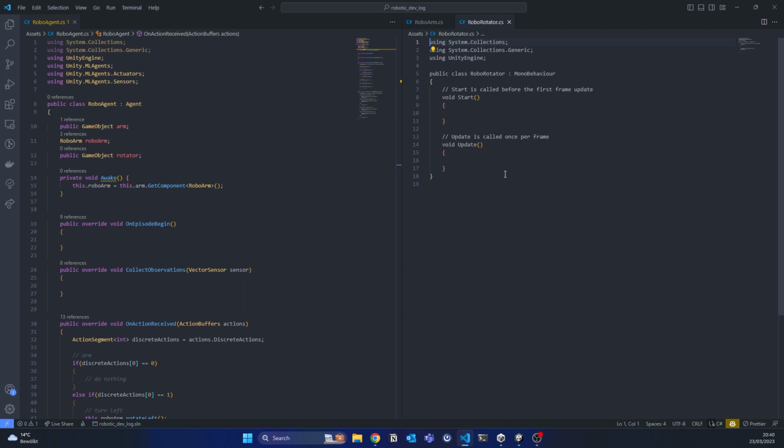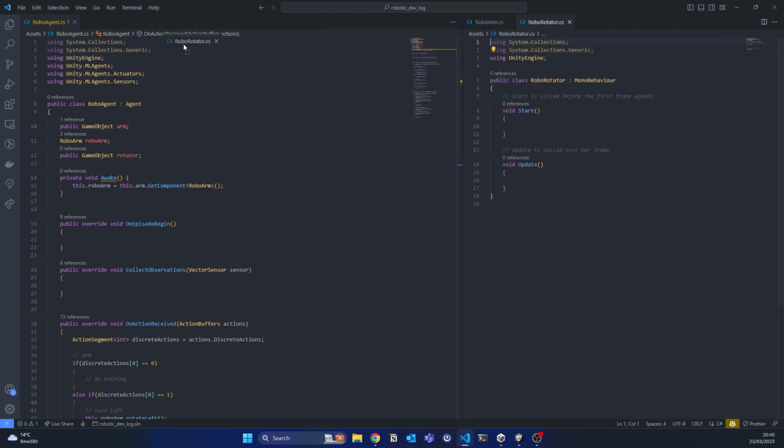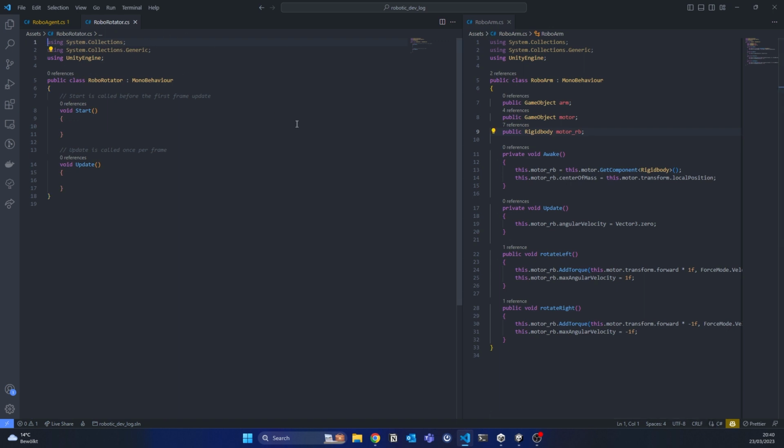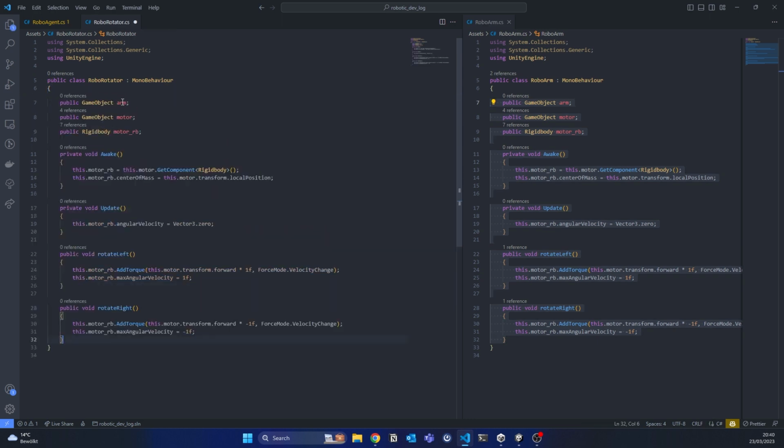Alright, let's open this up. Just similar to the robo arm, I suppose we'll do similar things. So let's just copy paste this over and then we can adjust it. So we have an arm, we have a motor, we have a rigid body, that's all perfectly fine.